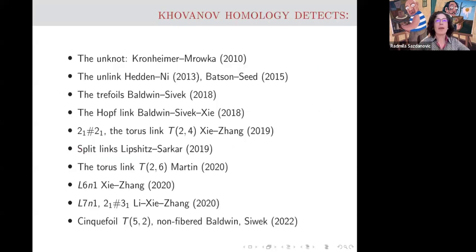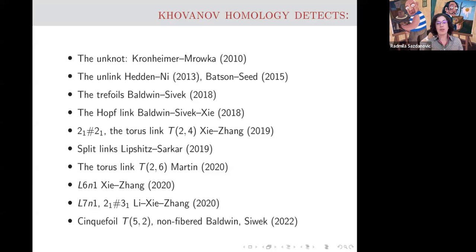So here's a sample, an incomplete list, of papers that have all been devoted to answering the question of which knots can be distinguished by Khovanov homology. Basically, if you give me a knot, does it have a unique Khovanov homology, so that no other knot has the same Khovanov homology as this one?